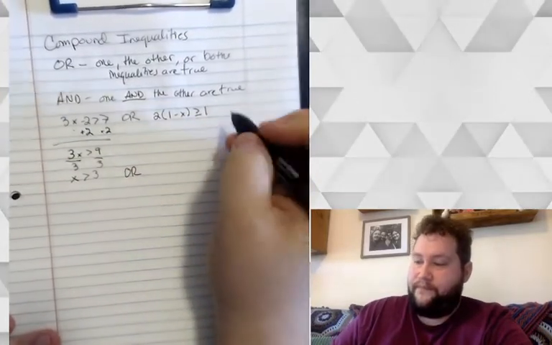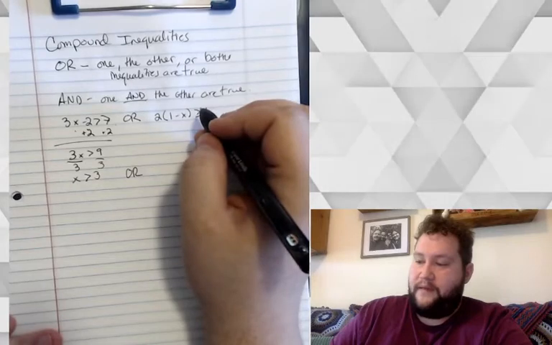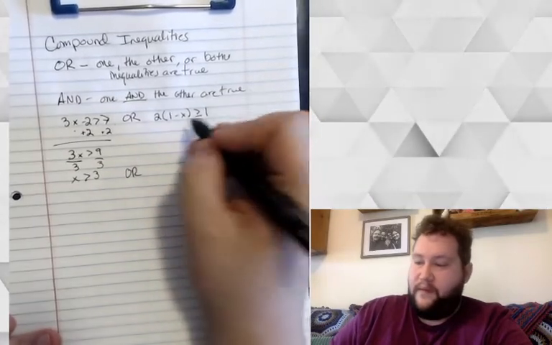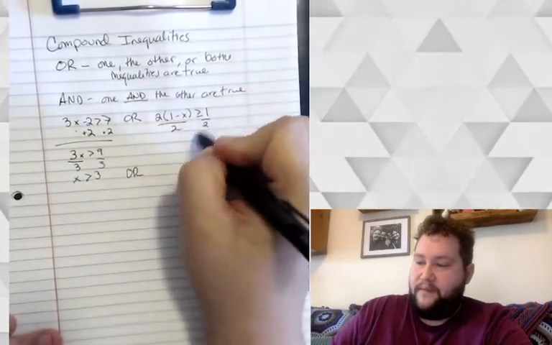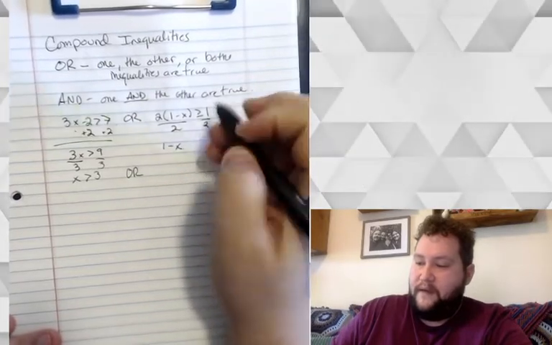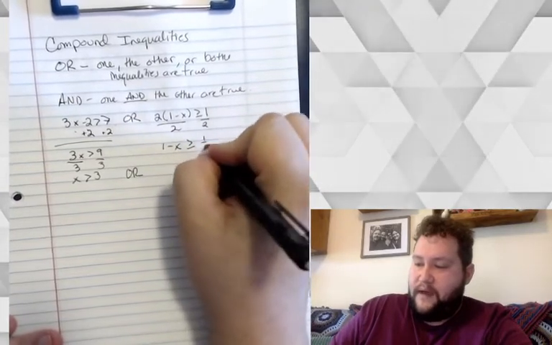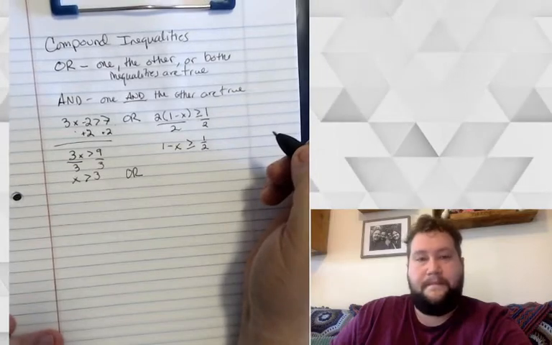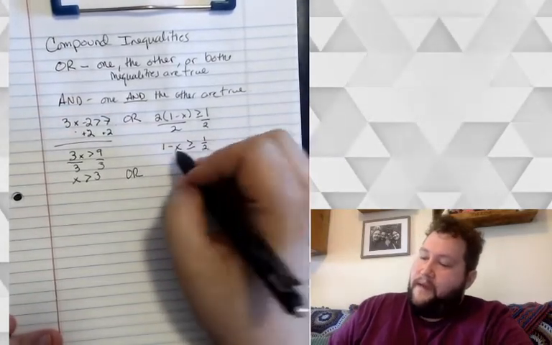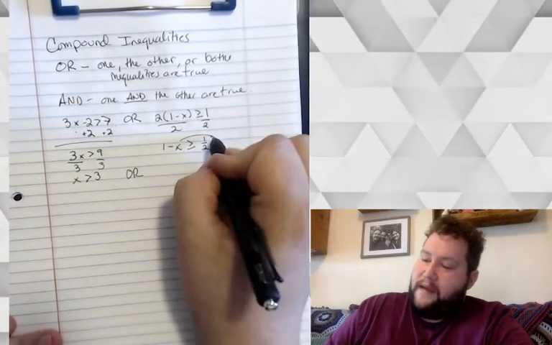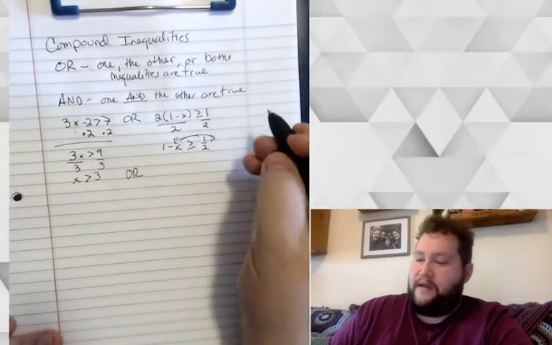Or go ahead and we have a couple options here. Why don't we just divide by 2 to begin with? 1 minus x is greater than or equal to a half. I'm going to add the x there and subtract the half over here.